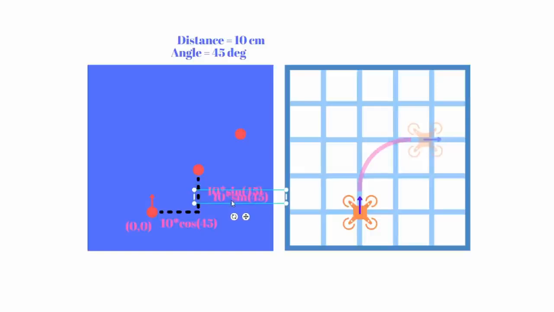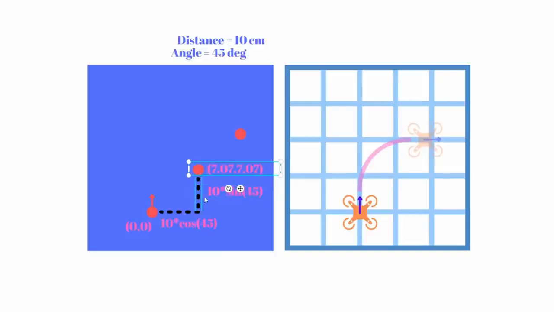If we just copy this, we can write here that this is 7.07 and 7.07. So after 1 second, this will be our coordinate. We can place this dot in our actual diagram.